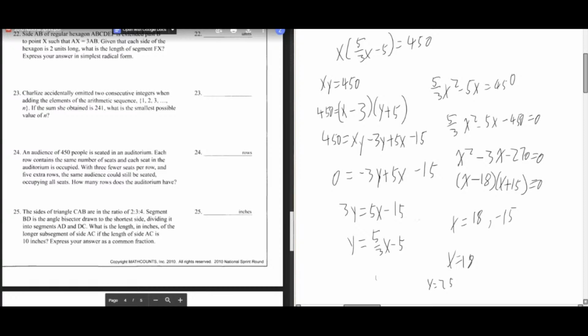So that's how you would more systematically do this, but that wasn't really how I did it. How I did this was just thinking about it. To get to 450, your original seats and rows, it's going to be one number times another number to get to 450, right?